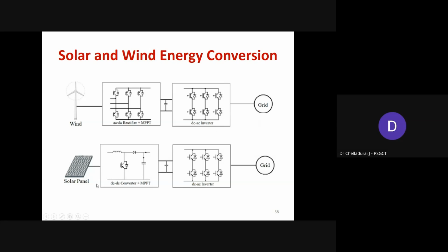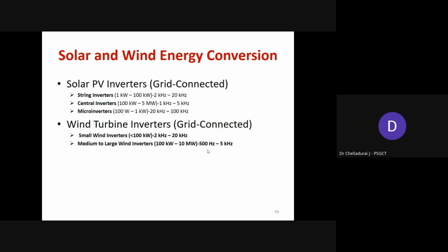Similarly, next is the solar energy conversion system. For DC to DC conversion, a boost converter topology is indicated, so we can maintain the DC voltage magnitude as a constant one. Then DC is converted into AC. In solar and wind energy power conversion systems, again, different configurations and topologies are available. One of the very important performance parameters to select the switching frequency of the particular VSI topology is based on the power magnitude.